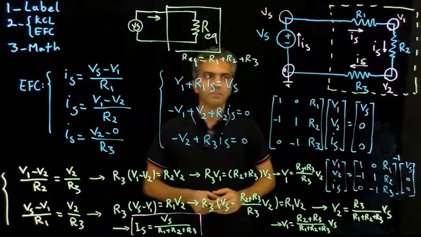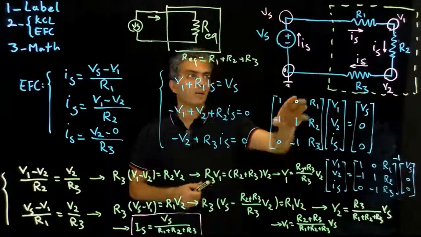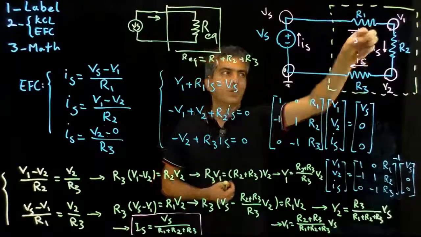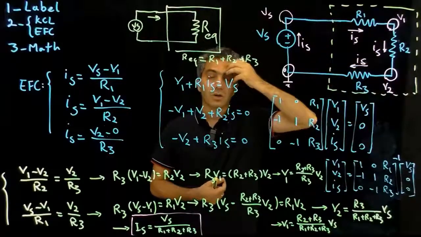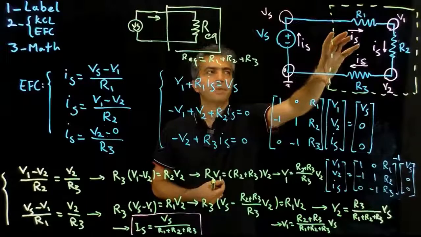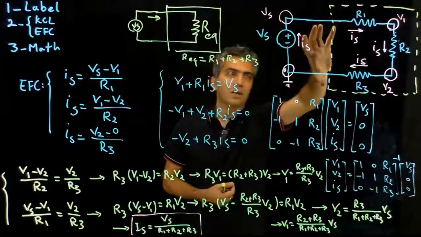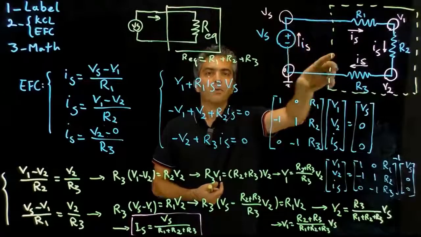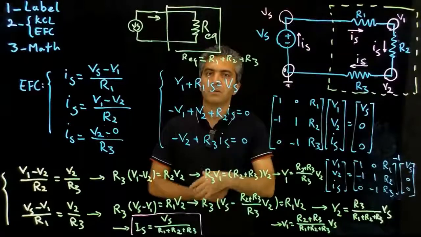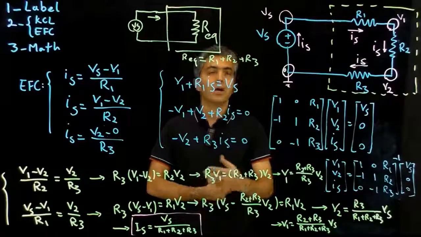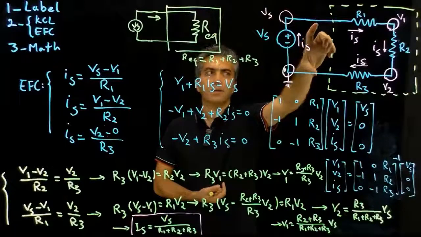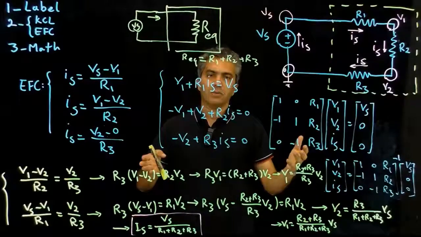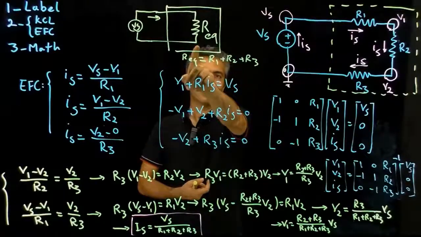So from this point on, if you are not interested in knowing what the voltages in between the resistors are, and you just want to know what happens if I apply a voltage across a bunch of resistors connected to each other, in other words, if you're only interested in what current passes through a bunch of resistors connected to each other, all you need to do is take those resistors and add the values of each one of them, and then you get the equivalent resistance.